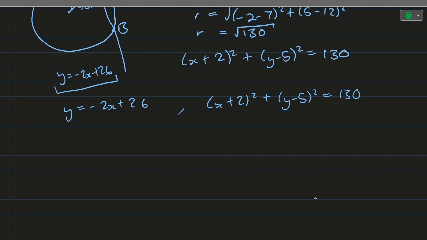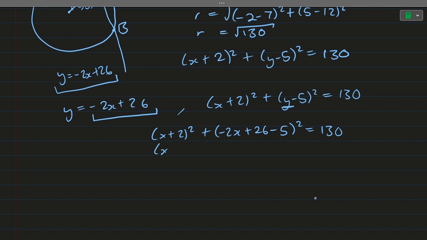And now we solve them simultaneously, so we're going to substitute y in the circle with -2x plus 26. So that would become (x plus 2) squared plus (-2x plus 26 minus 5) squared is equal to 130, and that's (x plus 2) squared plus (-2x plus 21) squared is equal to 130.